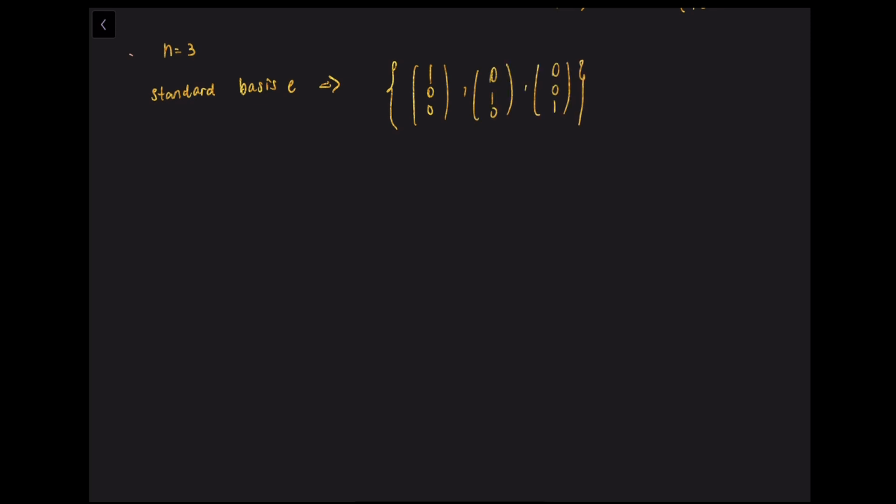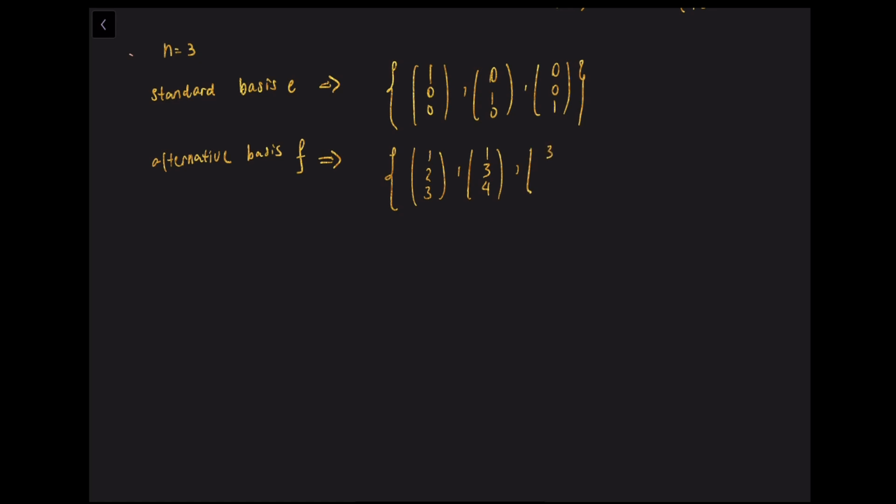When n equals 3, the standard basis E for R3 is given by (1, 0, 0), (0, 1, 0) and (0, 0, 1). An alternative basis F for R3 is (1, 2, 3), (1, 3, 4) and (3, 10, 14), for example.